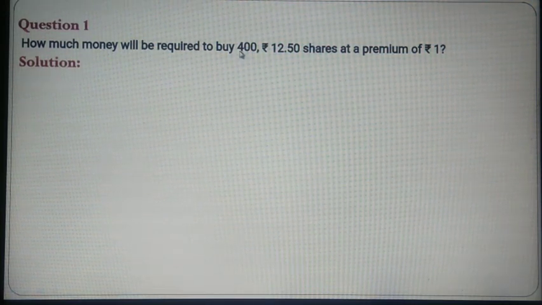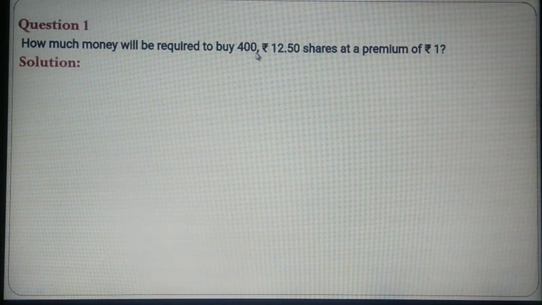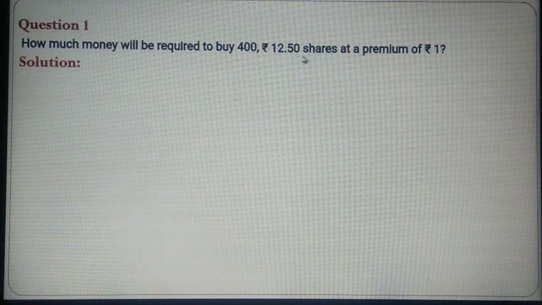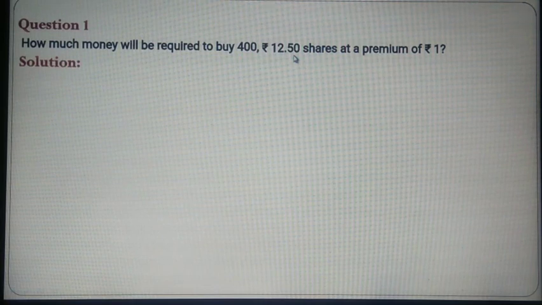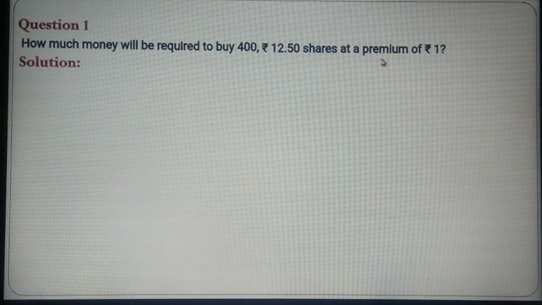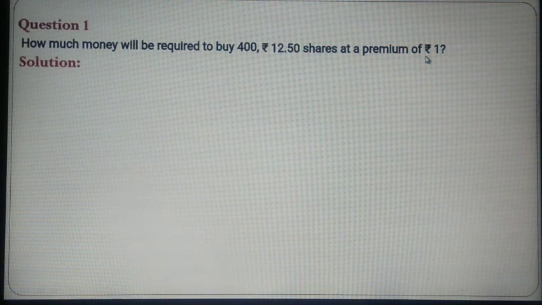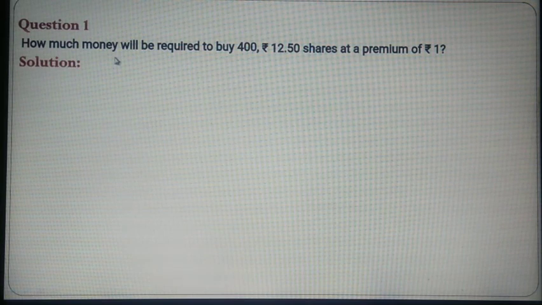Here this 400 is without any units, so that's why this has to be the number of shares, right? And rupees 12.50 shares means that the nominal value or face value is rupees 12.50, and it is at a premium of rupees 1. So that's all that is given, and you need to find how much money is required.